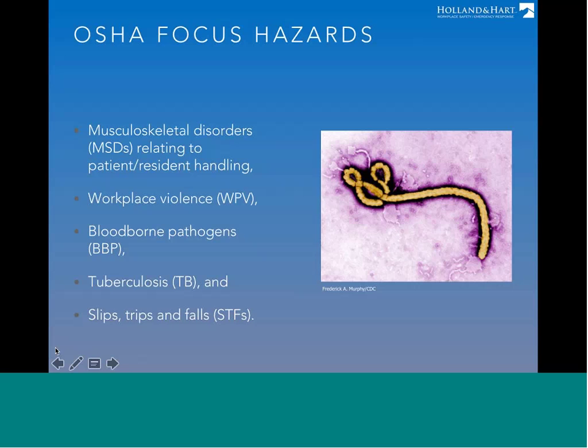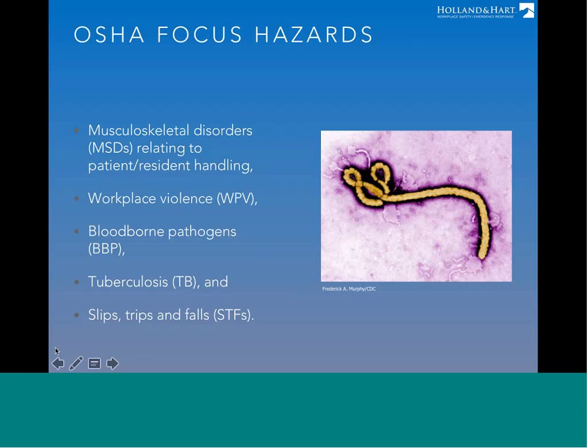It caught a lot of people flat-footed, and OSHA was really, quite frankly, right on top of this in trying to follow up on CDC guidance to ensure that the staff of these facilities were being adequately protected against Ebola.